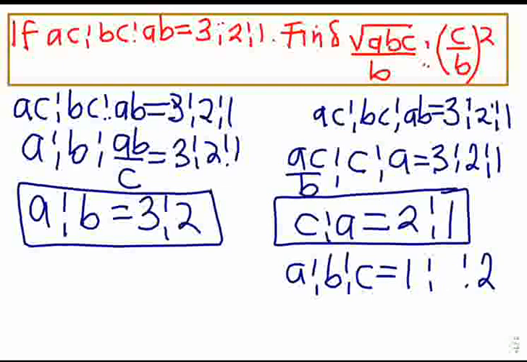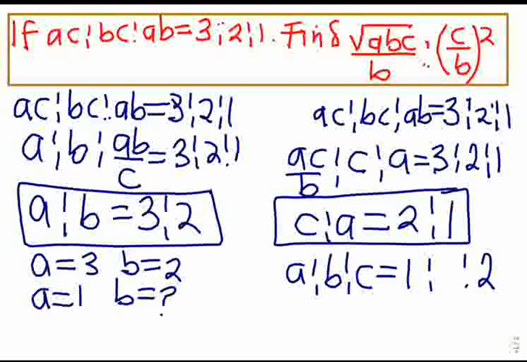Let's find the ratio that B would have when A and C are these values. To solve that, I will have to come here and get what B would be. A from here is 1 when C is equal to 2. So coming here, A is equal to 3 when B is equal to 2. So now let's get the value of B when A is 1.